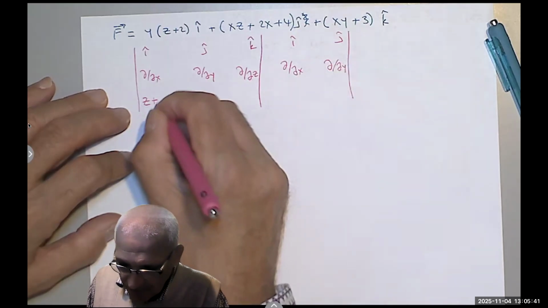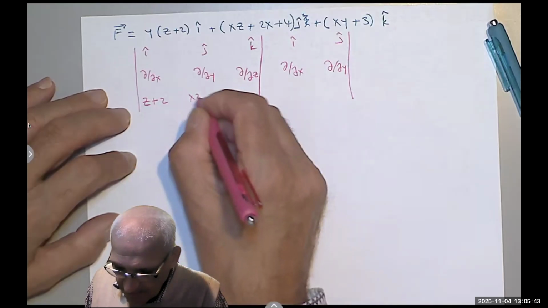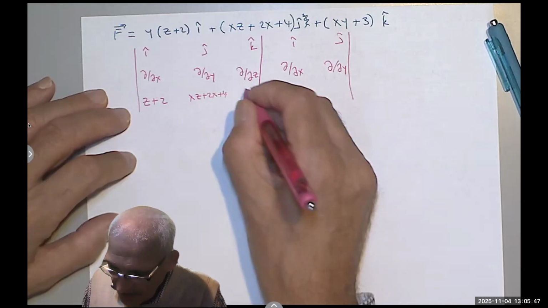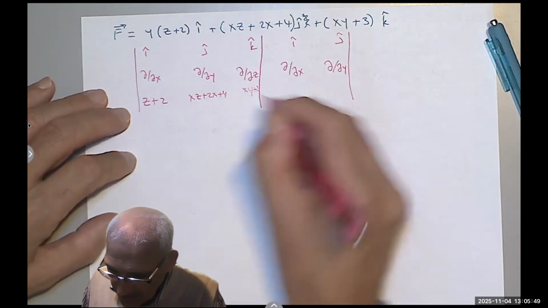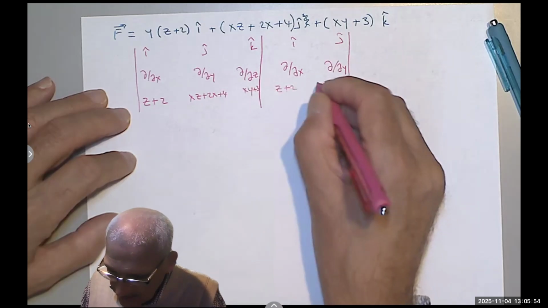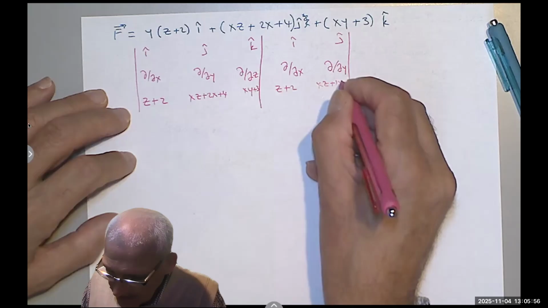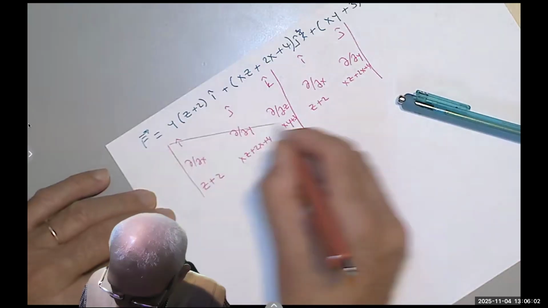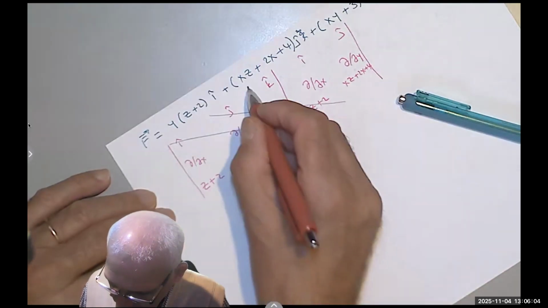The components are yz plus 2, xz plus 2x plus 4, xy plus 3, and again yz plus 2, xz plus 2x plus 4. And again, these three, those three, those three.